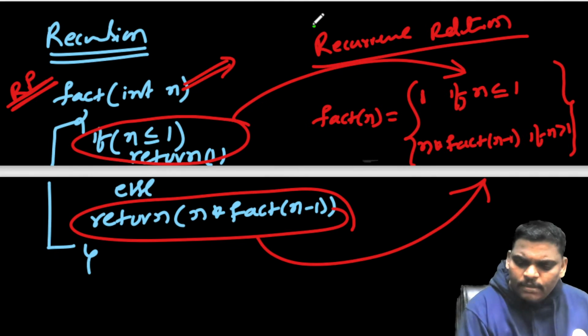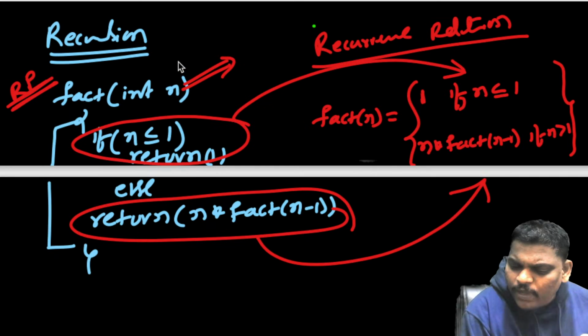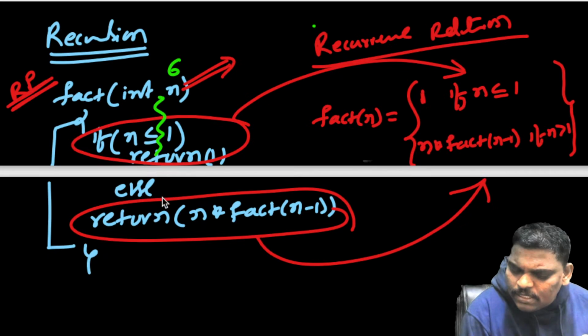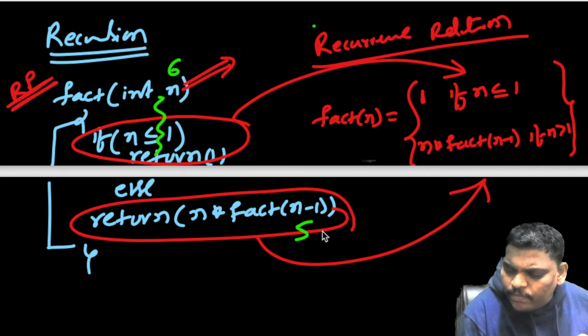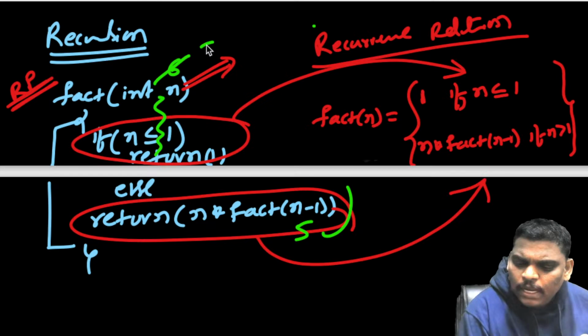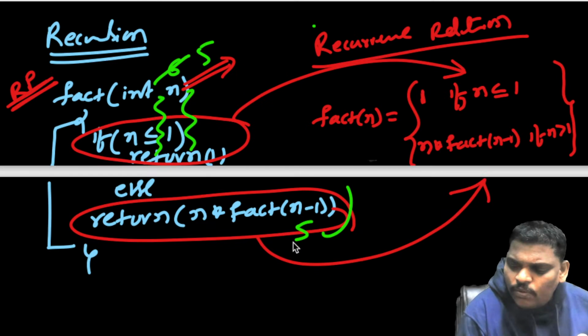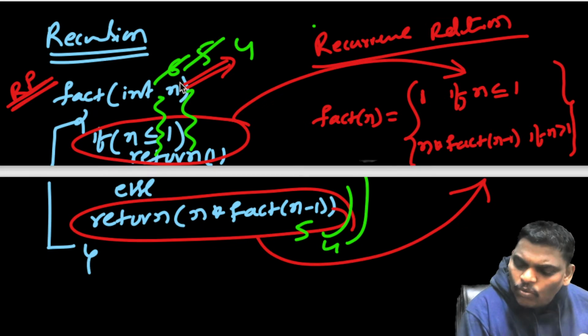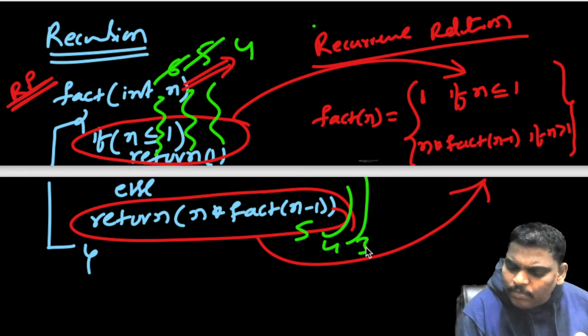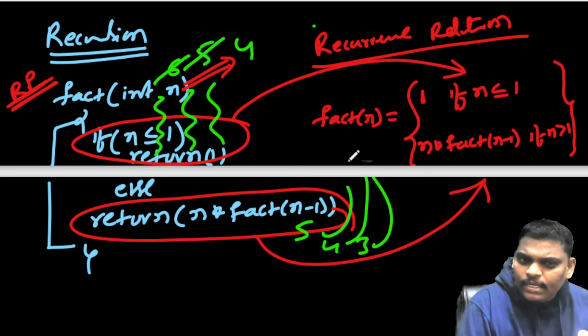See correctly now. If I give n value 6, it will go like this. It becomes n value 5. This 5 once again will go, it will become 4. 4 once again will go, it will become 3. How many times will it call itself?